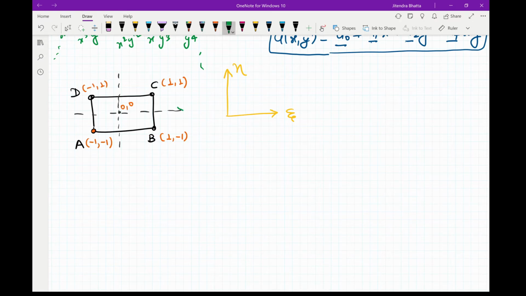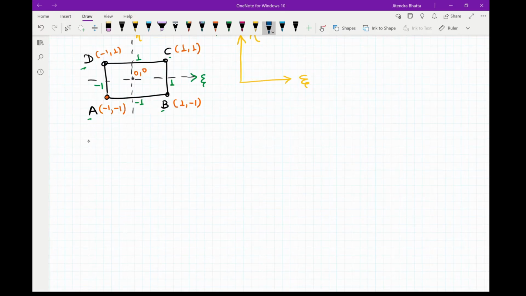Because your xi, this is xi axis, this is your eta axis, your xi varies from -1 to 1, and your eta will also vary from -1 to 1. Now these will be your coordinates of the nodes. At these nodes, we already have found our solution in the x and y direction.